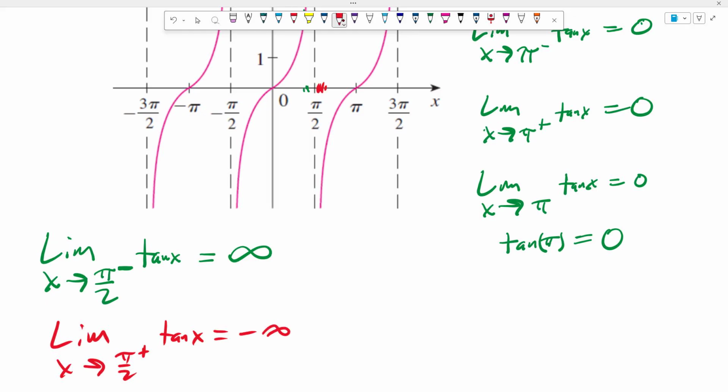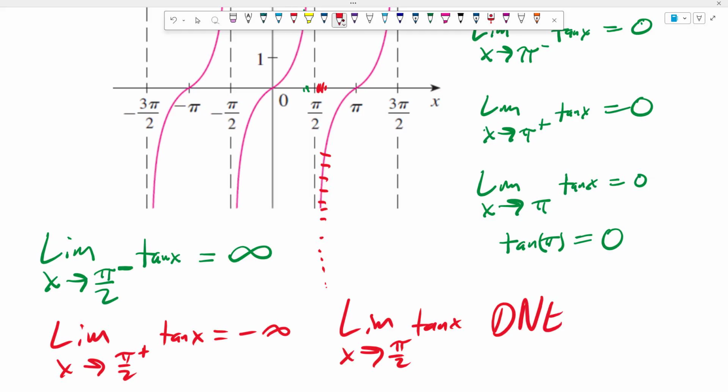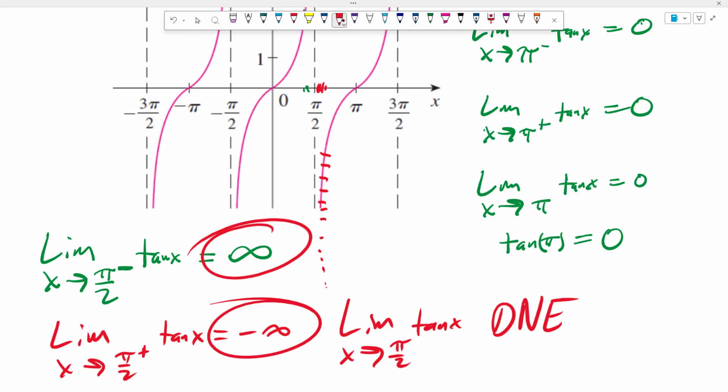This just keeps going down, down, down forever. And what is the limit as x approaches pi over 2? Does not exist, because this doesn't equal this. If they both go up to positive infinity, we put positive infinity. If they both go down, negative infinity. But if they go in different directions, it definitely doesn't exist.